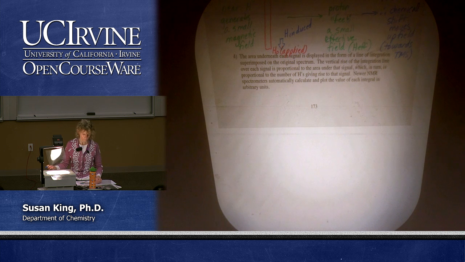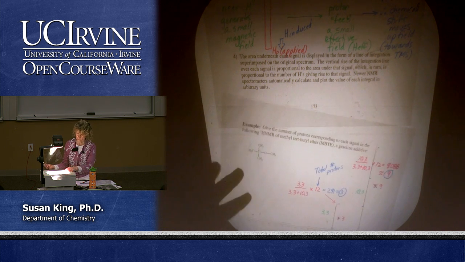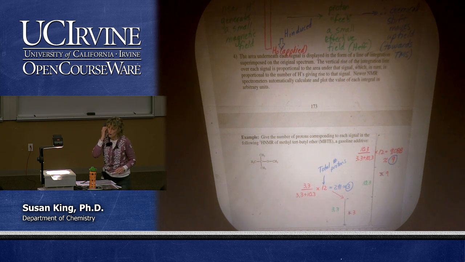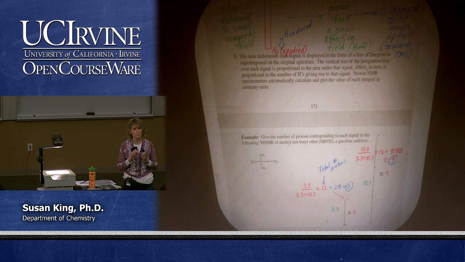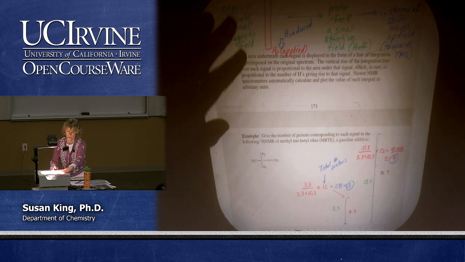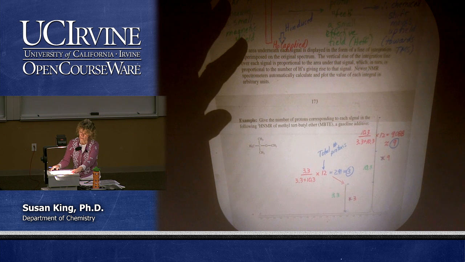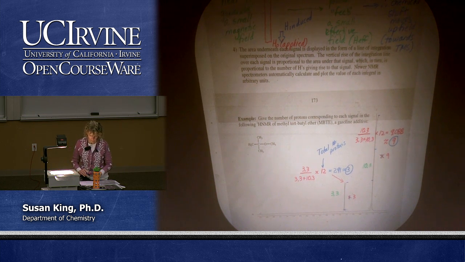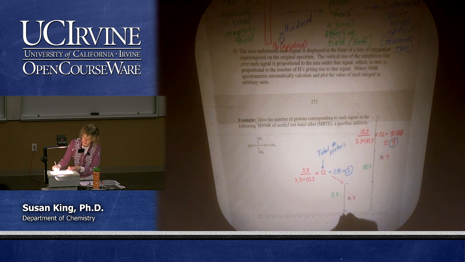Yes? By number of protons, are you counting the protons in the form of hydrogen, or are you counting the protons in the central carbon? When we say protons, we mean hydrogens. We call it proton NMR when we're talking about hydrogens. Okay? All right, more questions on that one. So this means that we have 3 hydrogens.